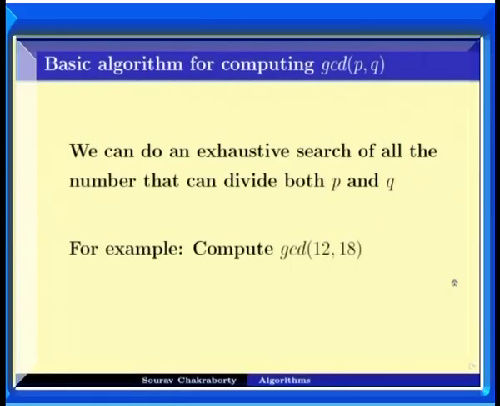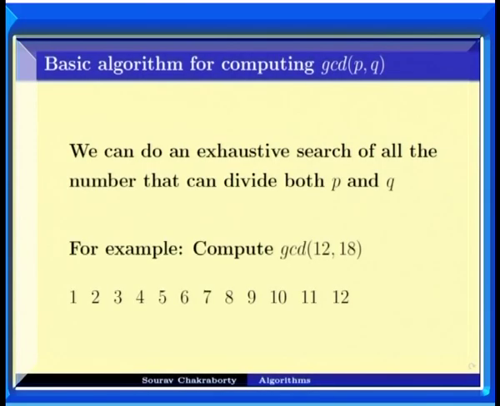For example, if we want to compute the GCD of two numbers 12 and 18, we know that the GCD, since it has to divide both 12 and 18, had better be at most 12, otherwise it will not divide 12. So we write down in an array the numbers 1 to 12, all the possible integers that can be a divisor.